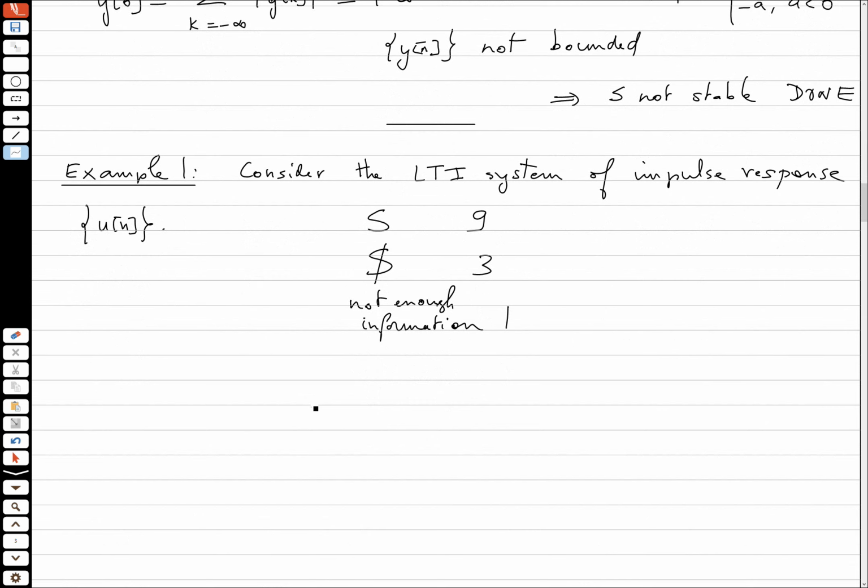Okay. I'm not giving you the answer. I'm just going to use helicopter 2. I can use it because it's given that it's LTI. So calculate the sum of u of n when n goes from minus infinity to plus infinity.